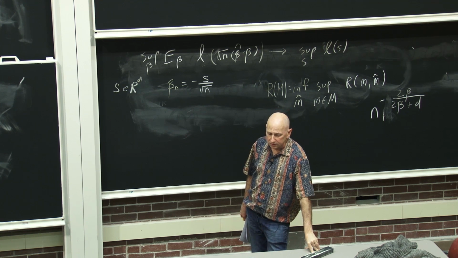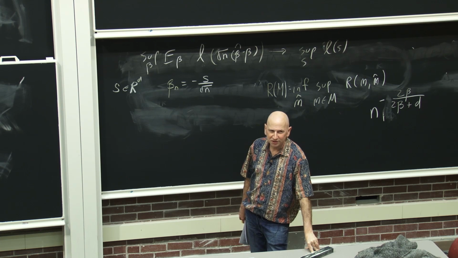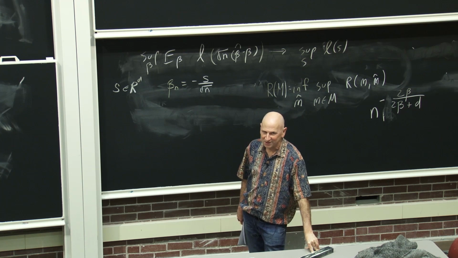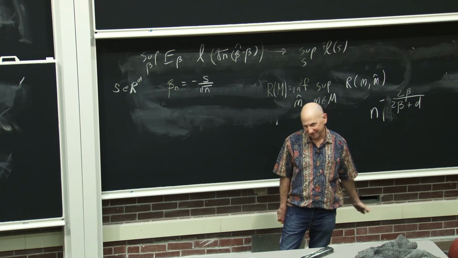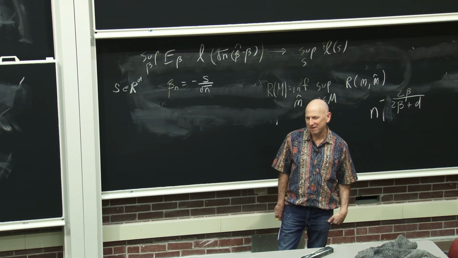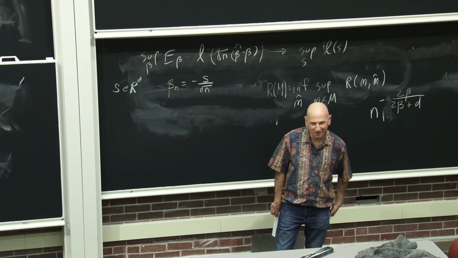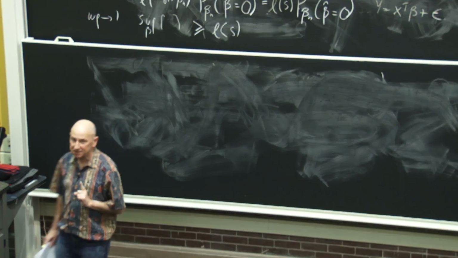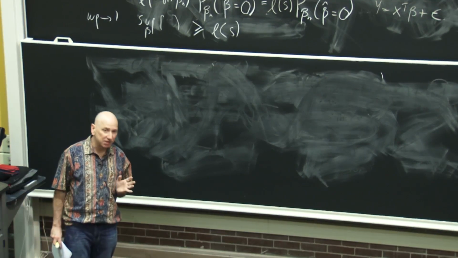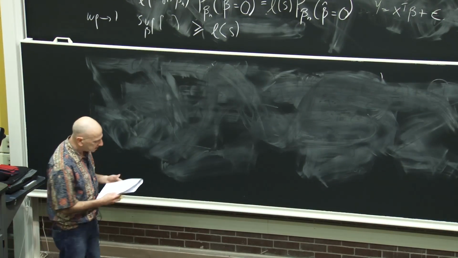Now, this is not kernel in the sense of Mercer kernel and reproducing kernel Hilbert spaces. Okay, this is a different use of the word kernel. I wish we'd invented a different word. Maybe local averaging estimator would be a better thing, but anyway. It's very similar to the kernel density estimator that we talked about in 705, but it turns out to have some differences. So what's the idea?